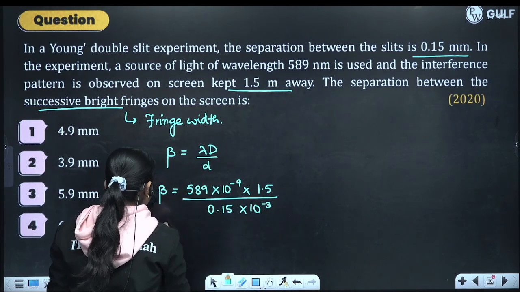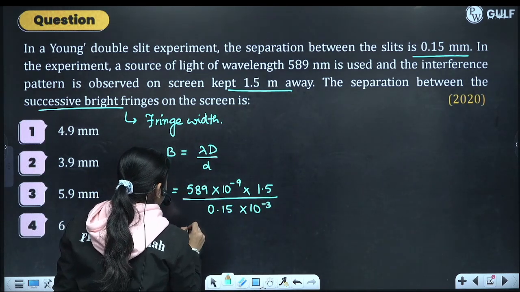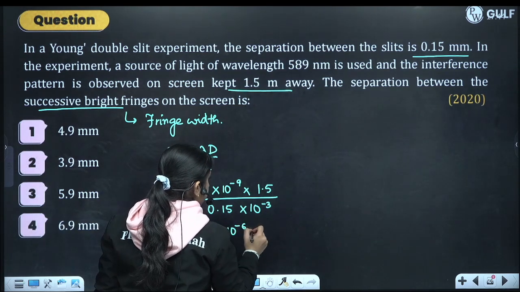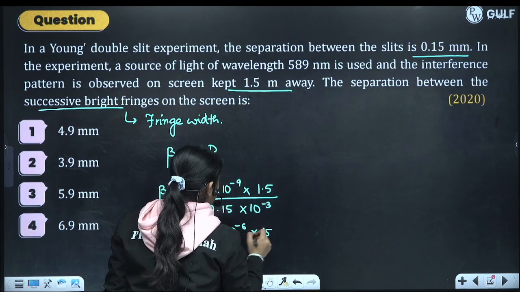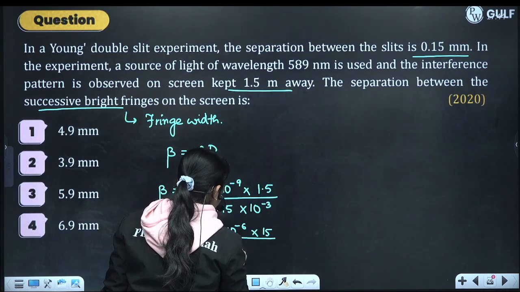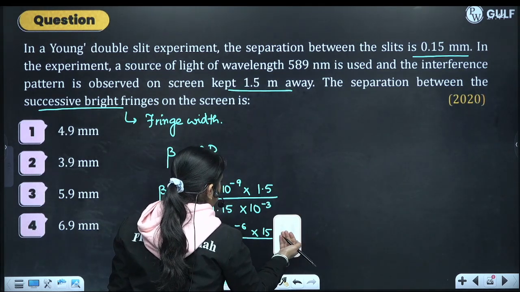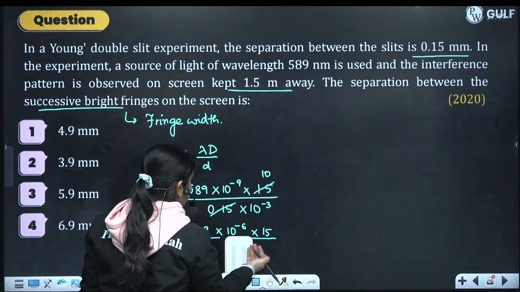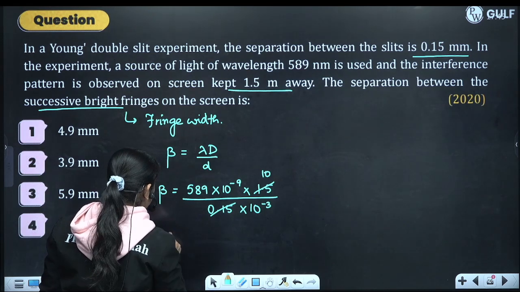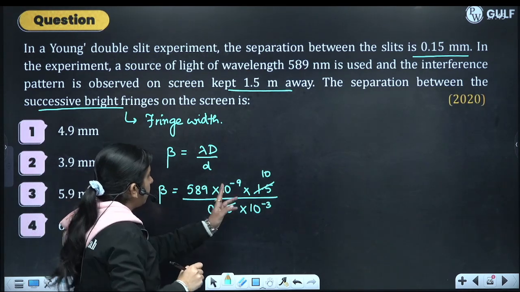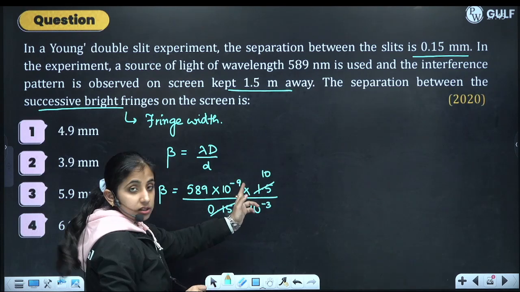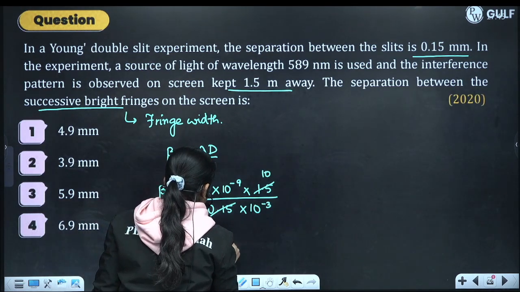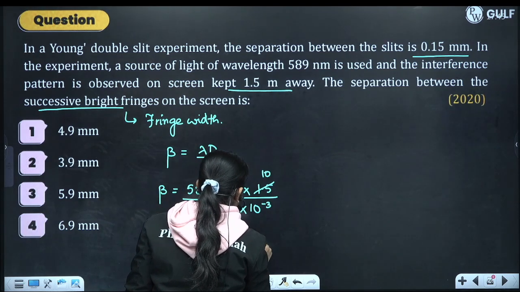So we will get beta as 589 into 10 to the power minus 6 into 15 divided by 15, multiplied by 10. So simply let us calculate it. Beta will be 589 into 10 to the power minus 5 meter.